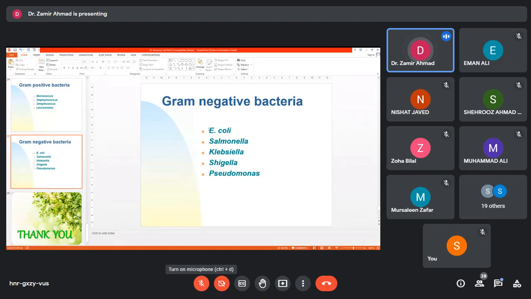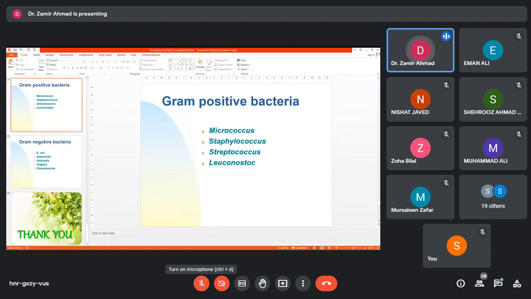But E. coli, Salmonella, Klebsiella, and Shigella are mostly responsible for causing infection in the gastrointestinal tract, meaning starting from the mouth to the large intestine. While these gram-positive bacteria mostly cause skin infection and infection of the respiratory tract.